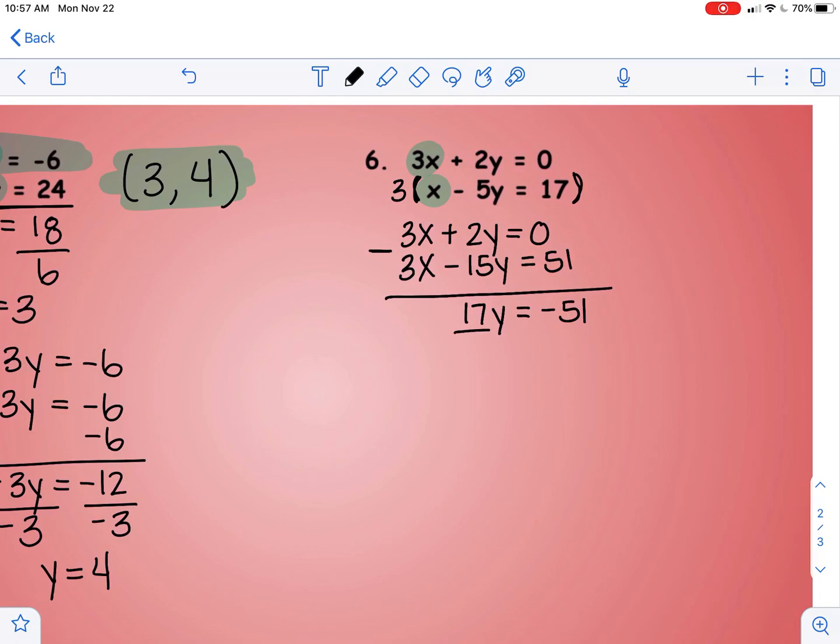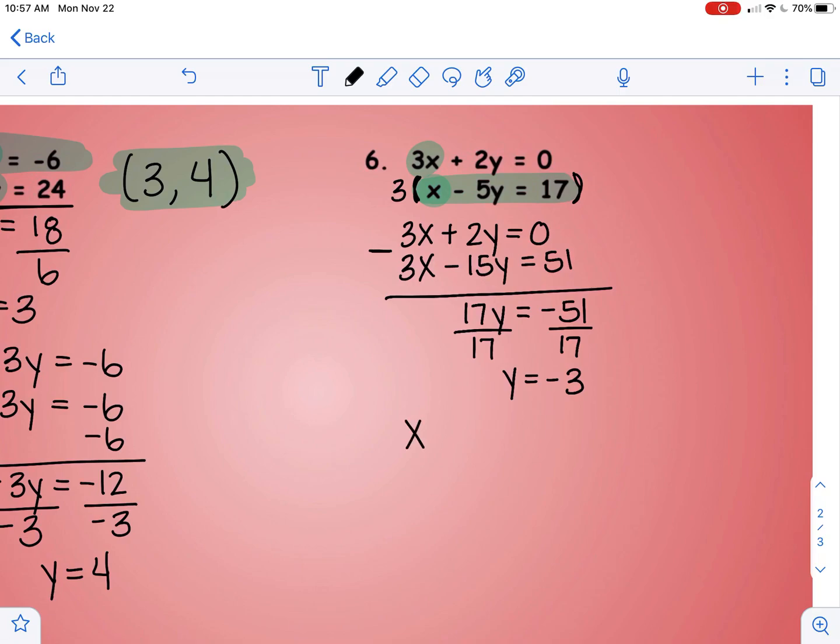So then I'm going to divide both sides by 17 to get y is equal to negative 3. Then I'm going to come back up to my original system, and I'm going to go ahead and plug that in for this equation right here.